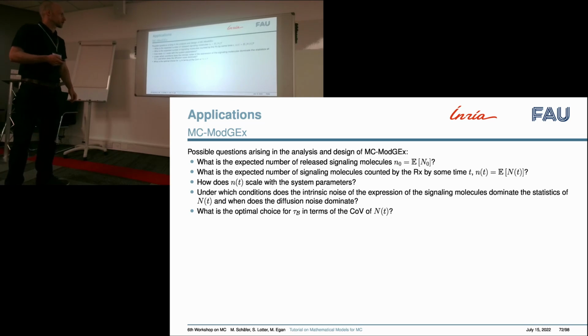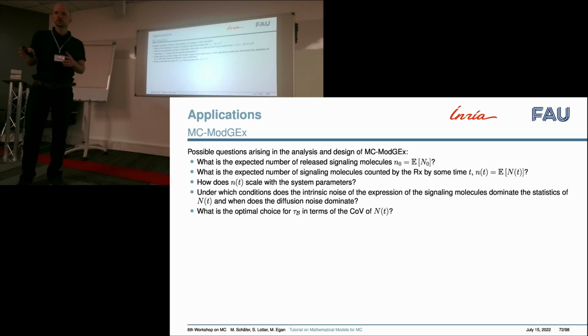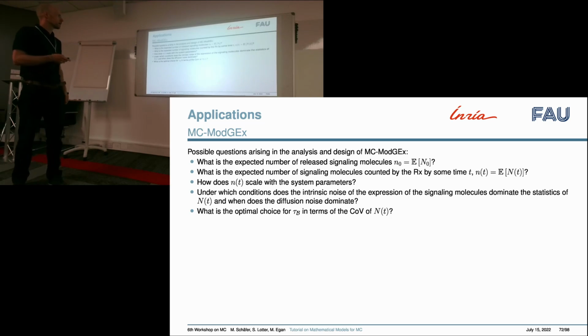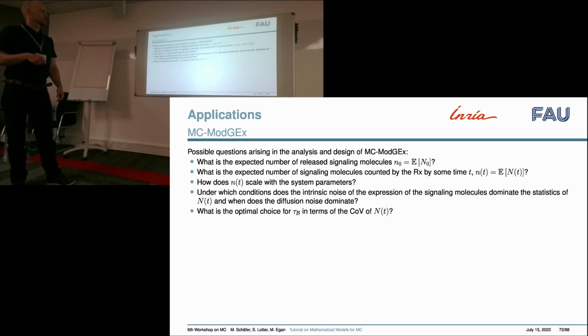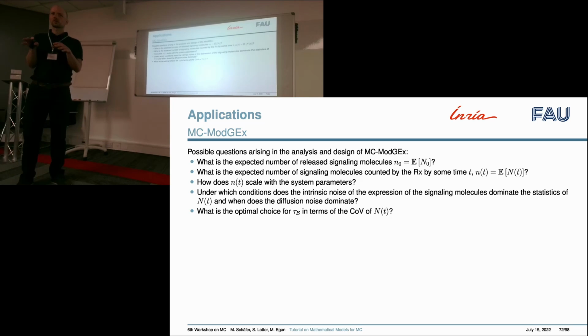And then further questions we could ask would be, how do the system parameters, which we introduce in a bit, for example the size of the volume and so on, influence these values? How would the expected number of observed signaling molecules scale with the dimension of the system, with the diffusion coefficient, and so on? Other questions could be related to the stochasticity of the processes that we observe.